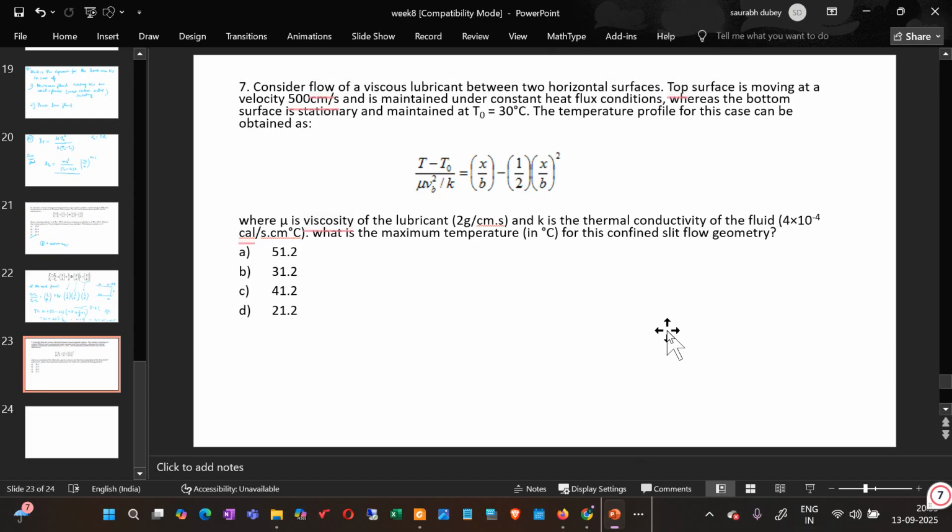The temperature profile for this case can be obtained as this, where mu 0 is the viscosity of the lubricant and k is the thermal conductivity of the fluid, 4 into 10 to the minus 4 calorie per centimeter second degree Celsius. What is the maximum temperature in degrees Celsius for this confined slit flow geometry?